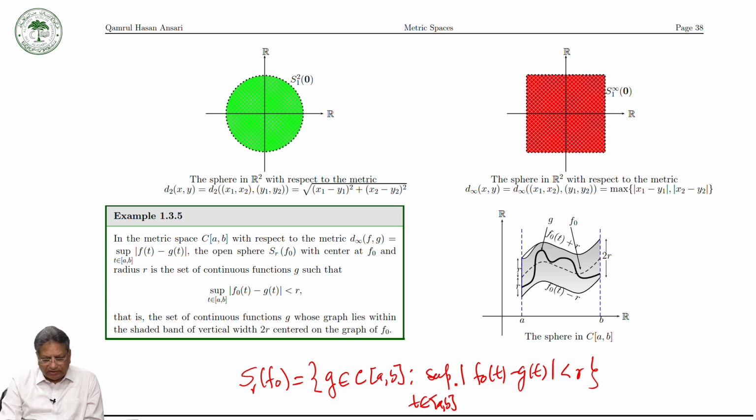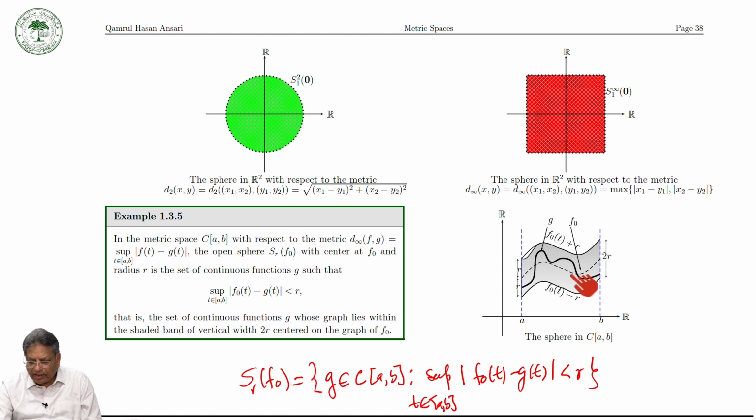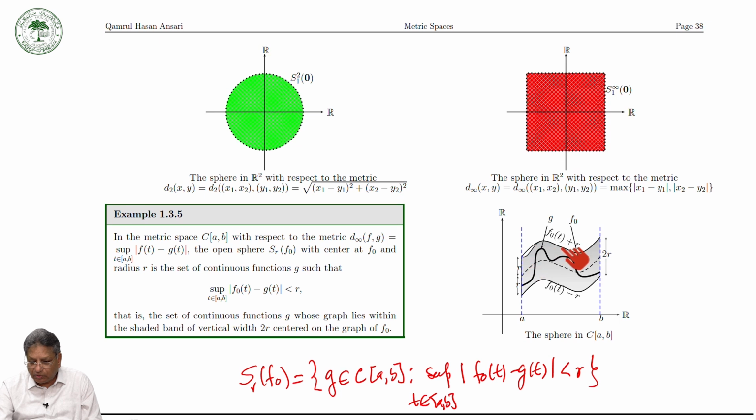By the definition, you will see that, if I take this dotted line, this dotted line is your f naught, and this is your radius r, then this must be f naught of t minus r, and in the same way this one is your f naught of t plus r.